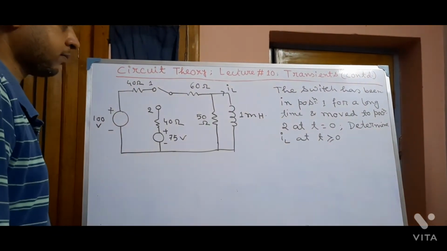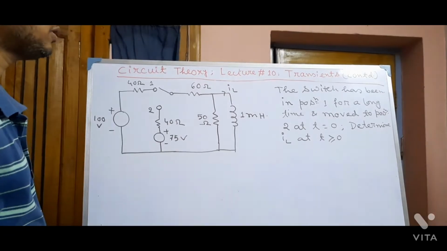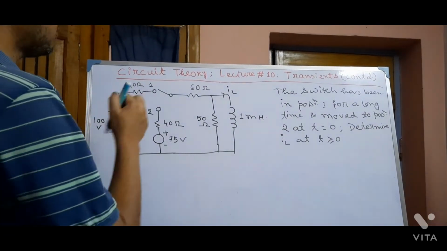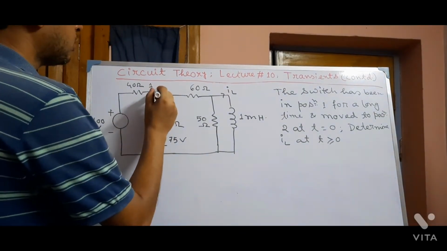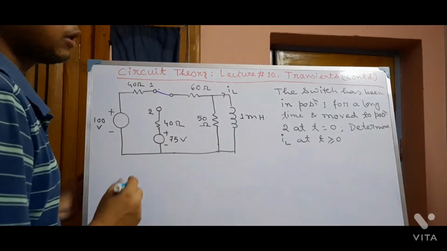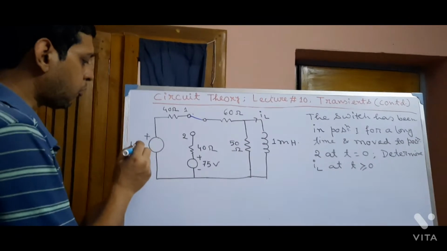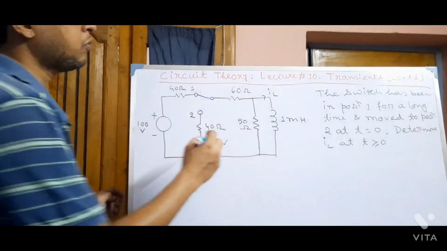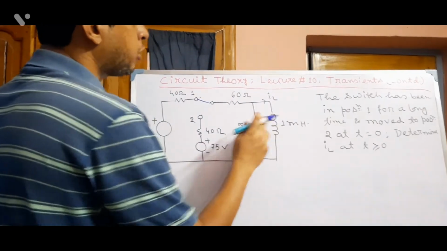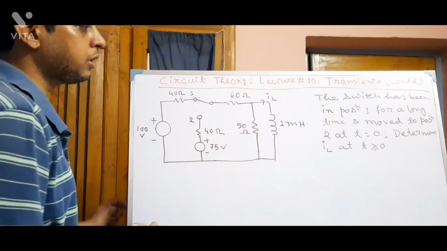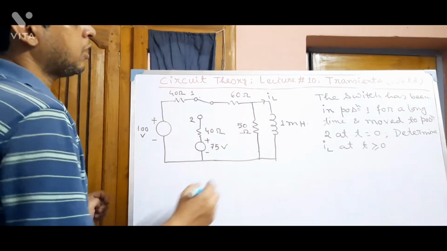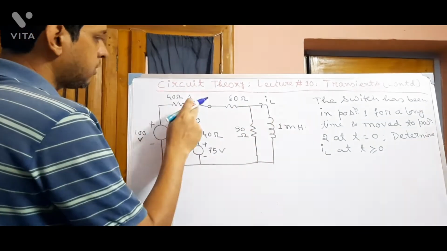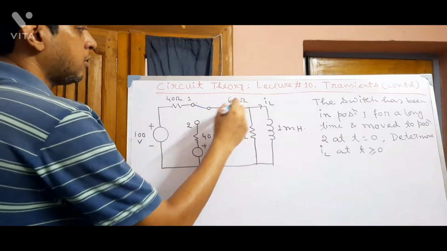Now, in the problem, it is stated that the switch was in position 1 for a long time. The operating voltage is DC. So, for a long time means we will consider it for infinity. Okay. Now, for an infinite amount of time, this circuit was there.